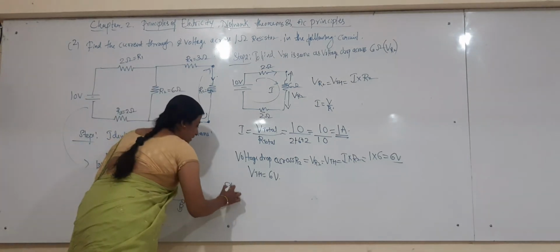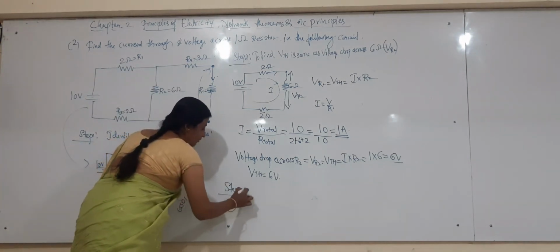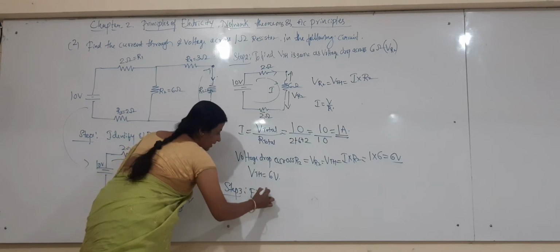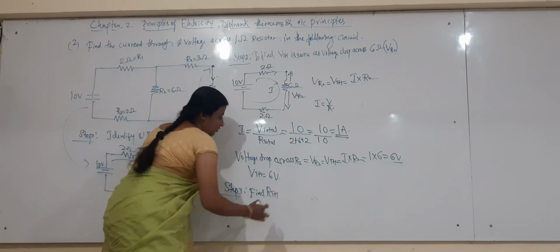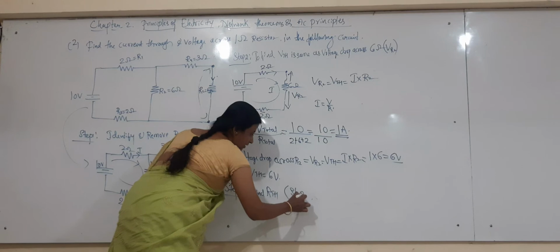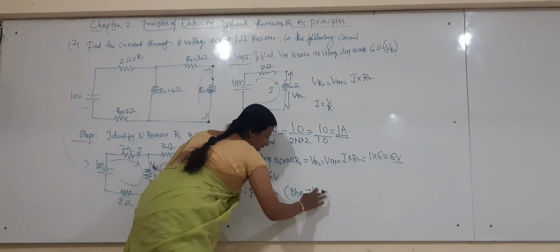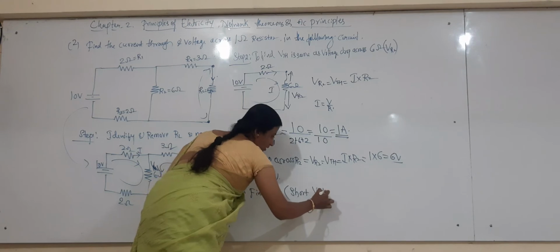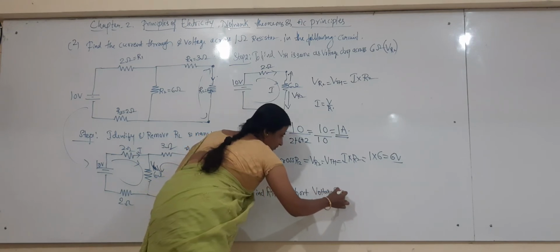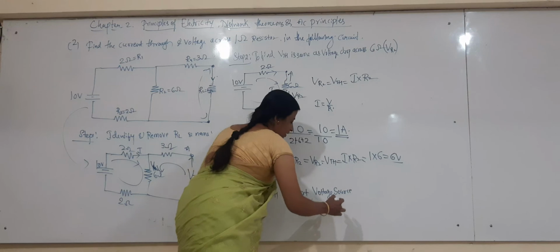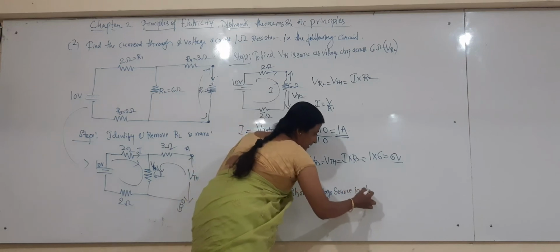In step 3, find RTH. Short the voltage source in the circuit of step 1.